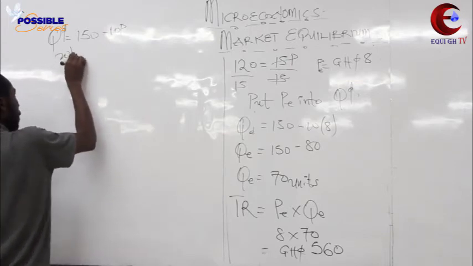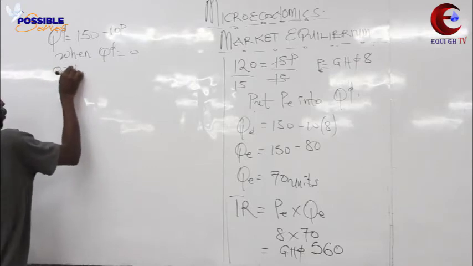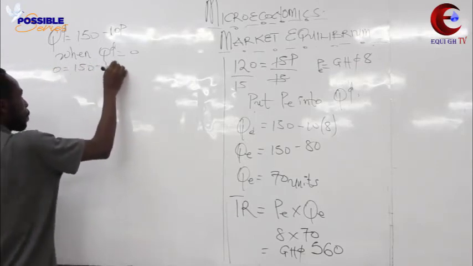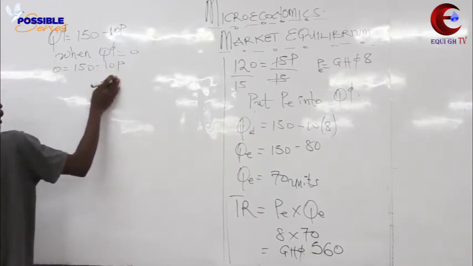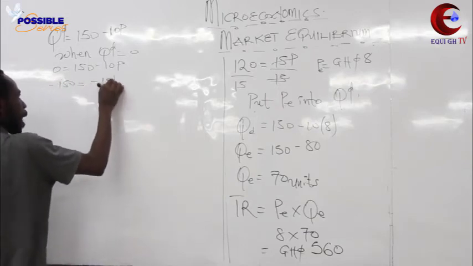So when QD is equal to 0, I'll get 0 equal to 150 minus 10p. I'll send this one here: minus 150 equal to minus 10p.